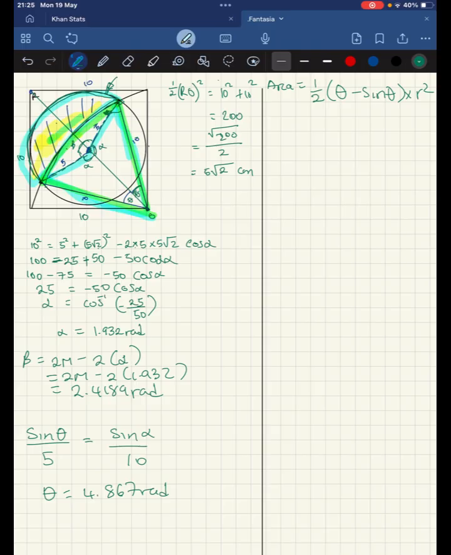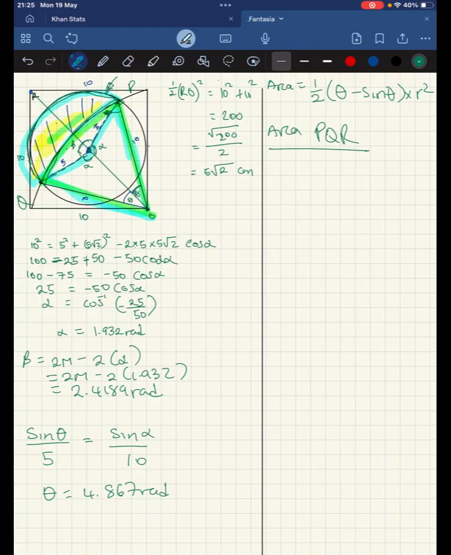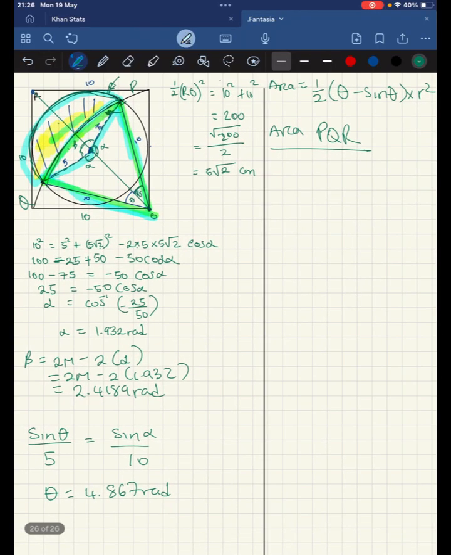It's now the area of PQR, right? Remember, this is P, and this is Q, and this is R, which is the blue, right? P, Q, R, yeah, sorry. It should now be, what's the radius there?